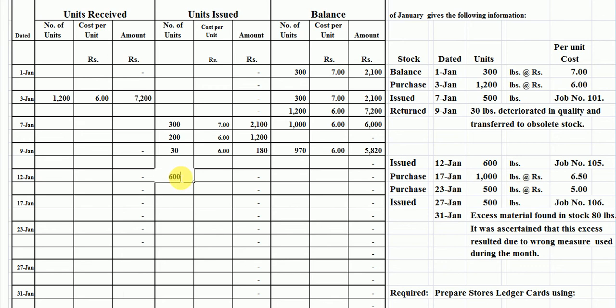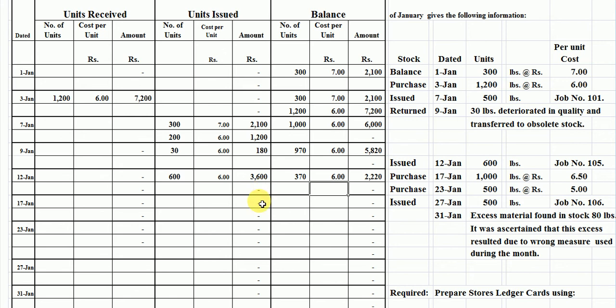Here 600 pounds are taken from our inventory. The rate is 6 per pound. The remaining balance is now 370 pounds of material at 6 per pound. Students, this is our current inventory card.